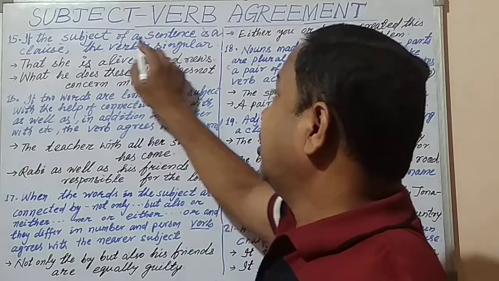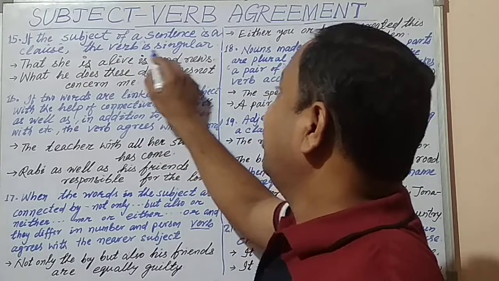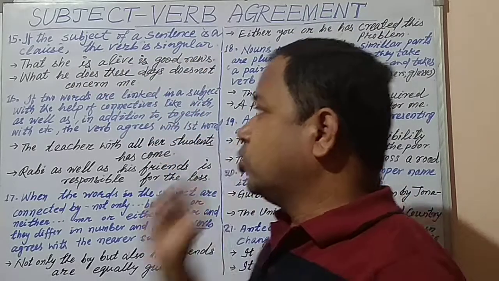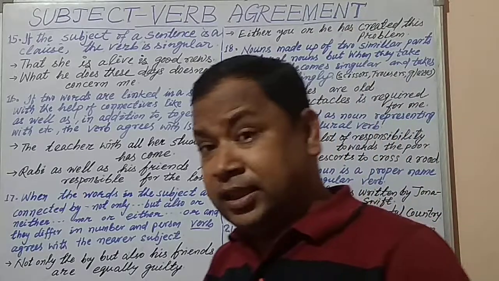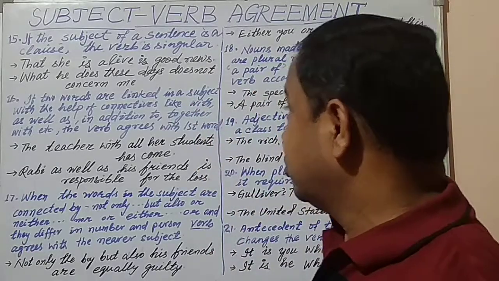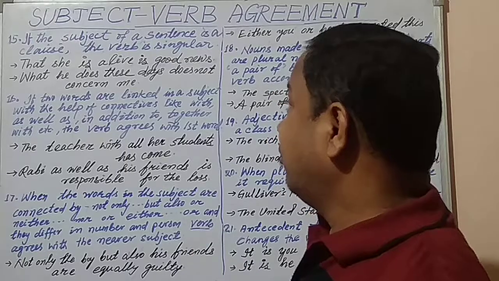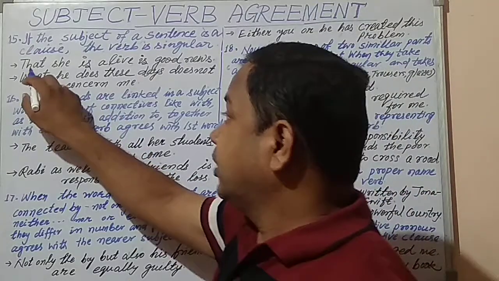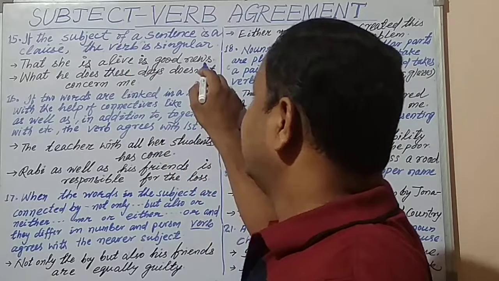If the subject of a sentence is a clause, the verb is singular. Dear students, when the subject of a sentence becomes a clause, it always takes the singular verb. So here you see that "That she is Alif is good news."